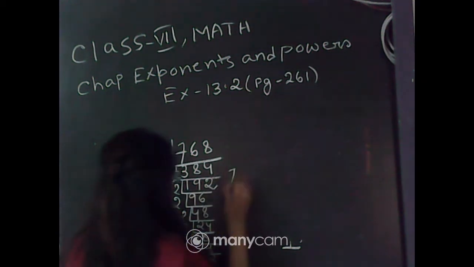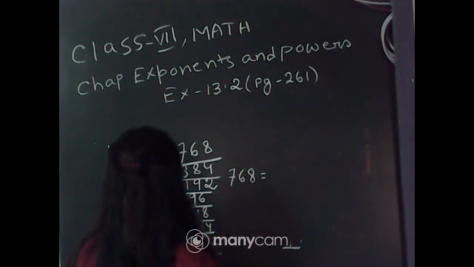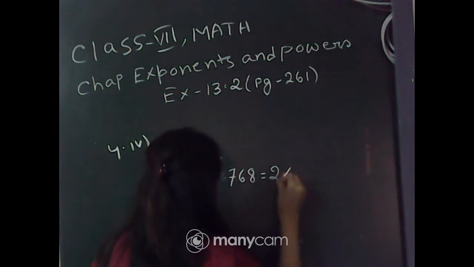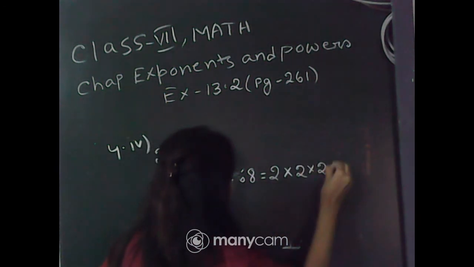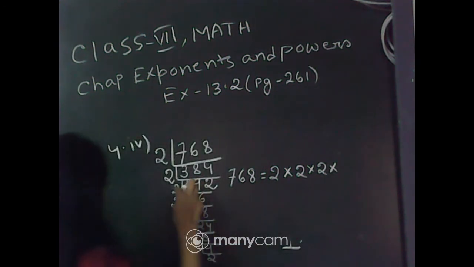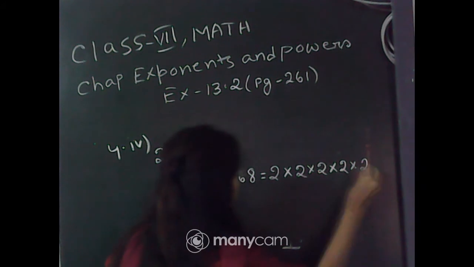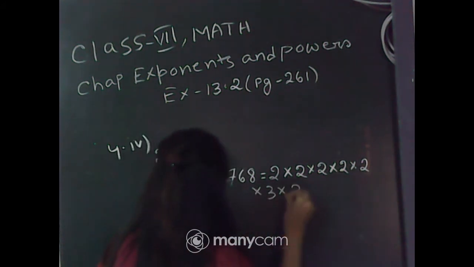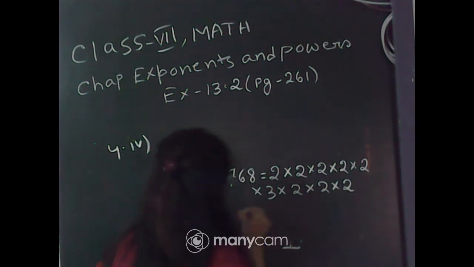So 768 is equal to 2 into 2 into 2 into 2 into 2 into 3 into 2 into 2 into 2.